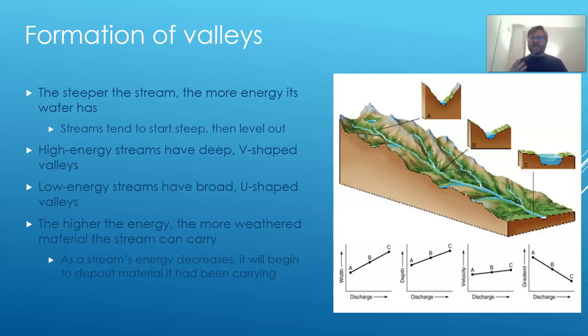It's not going to have the energy to carry stuff along with it. And so instead of erosion, it's going to start doing deposition. It's going to start dropping things off as it goes. So upper portions of streams, where the stream is steep and fast, tend to be erosional environments. The lower portions of streams, where the stream is flowing at a shallow slope, slower, less energy, tend to be depositional environments.